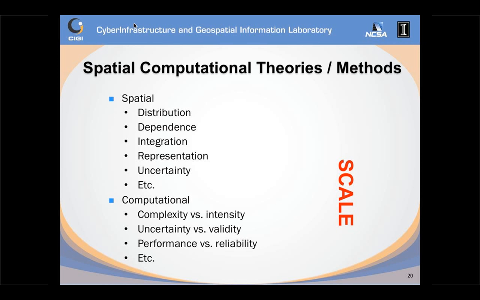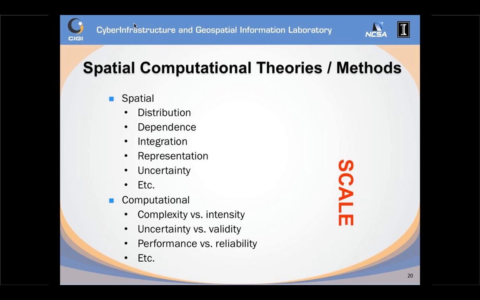So broadly speaking, what is the foundation of constructing CyberGIS workflow is to understand the spatial characteristics. I was telling you the distribution aspects, but there are other aspects such as dependence and also integration and others, and fuse that into the computational aspects.